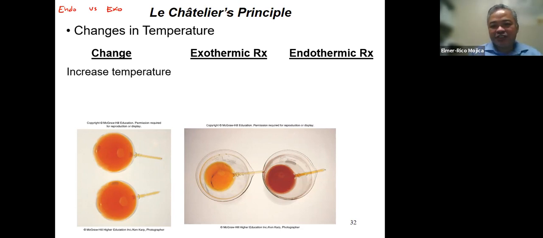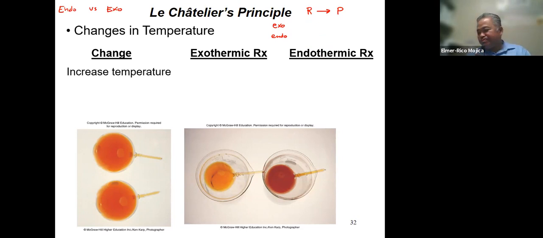In an endothermic reaction, where is heat? Okay, so this is the reactant, this is the product. So tell me, where is it in the exothermic reaction and where is it in the endothermic reaction?